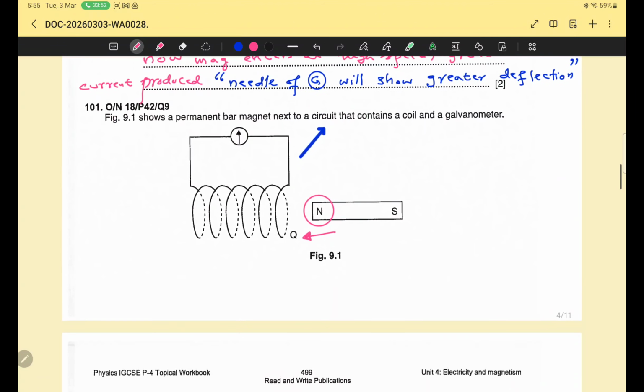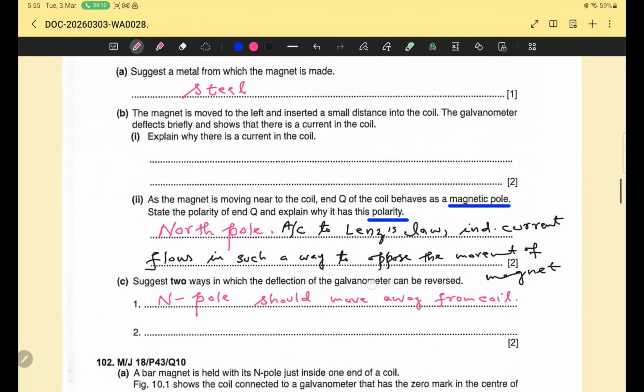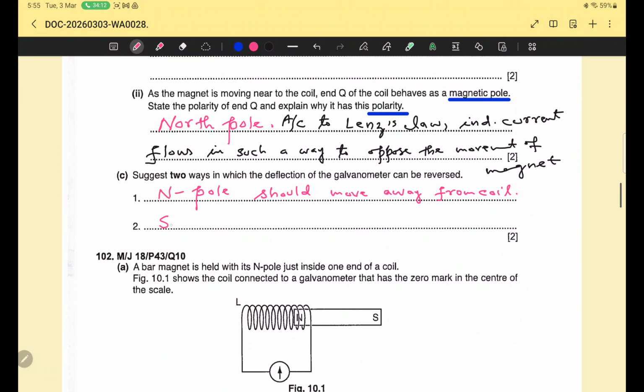Number two, North Pole is moved towards the coil. If you move the South Pole towards the coil, you can reverse the polarity of the magnet, making the same direction of movement. So the South Pole should move towards the coil.